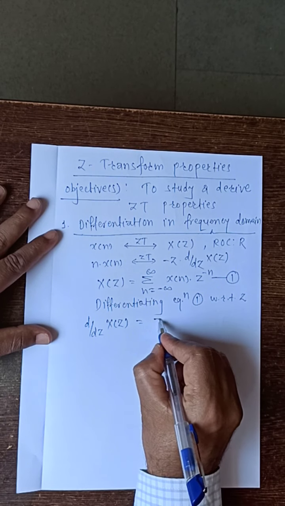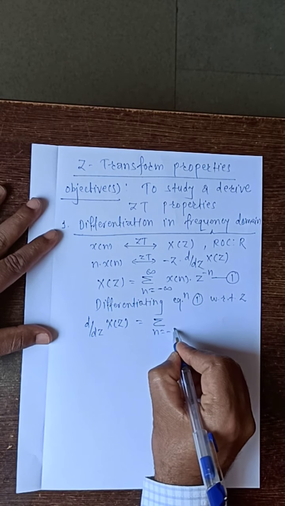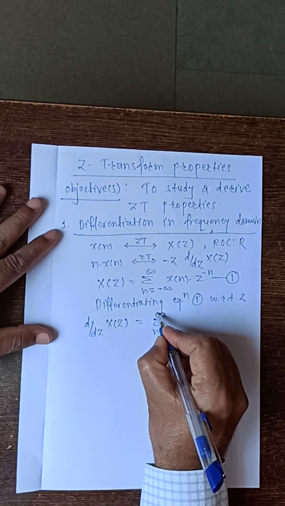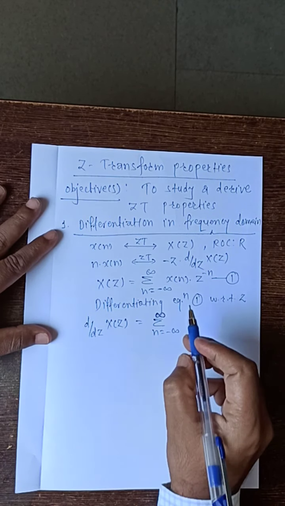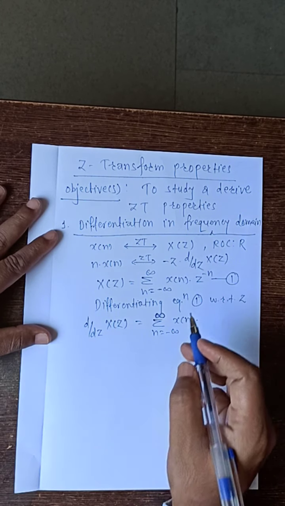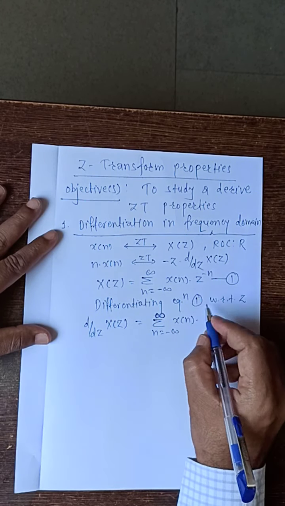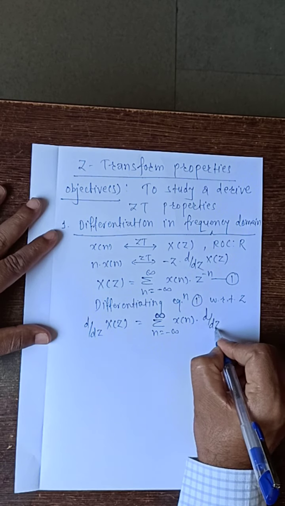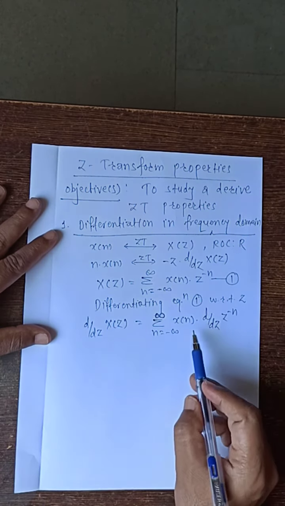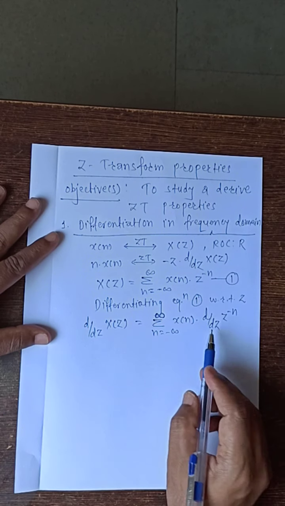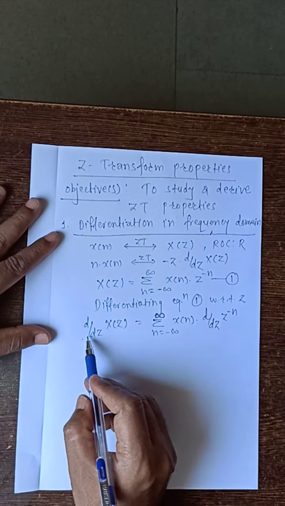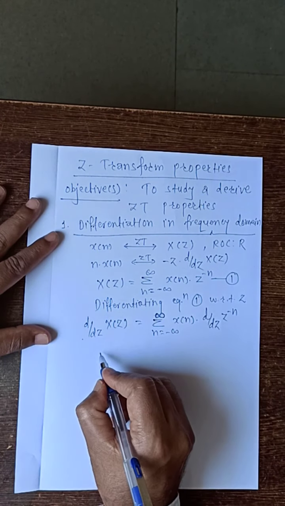Summation n equals minus infinity to plus infinity. As x[n] is not related to z directly, we'll just move the differentiation, that is d by dz, to z raised to minus n. So x[n] is not related to z as we are differentiating with respect to z. So this is LHS and this is RHS.